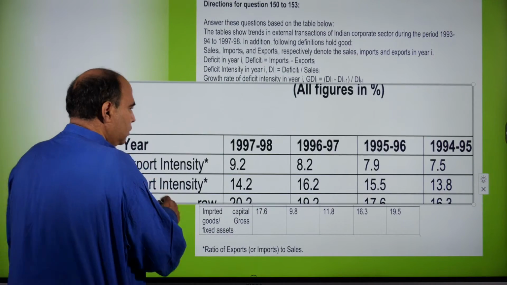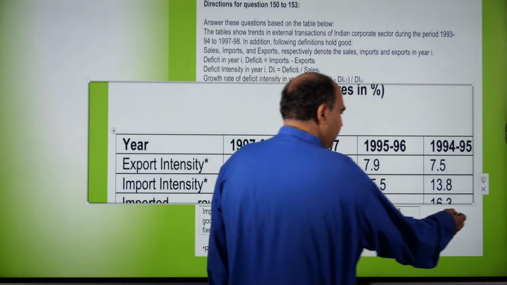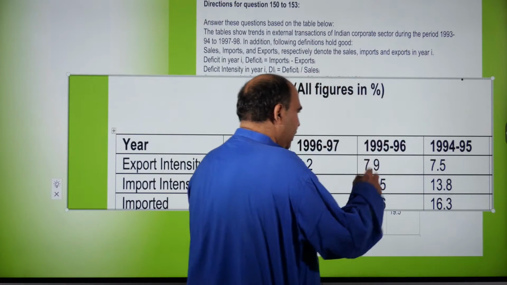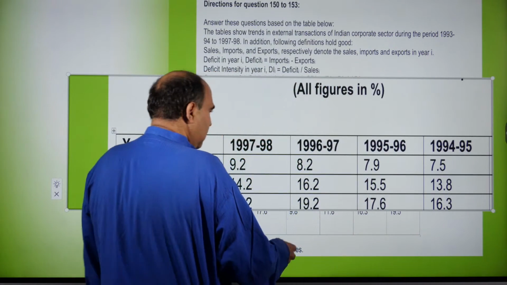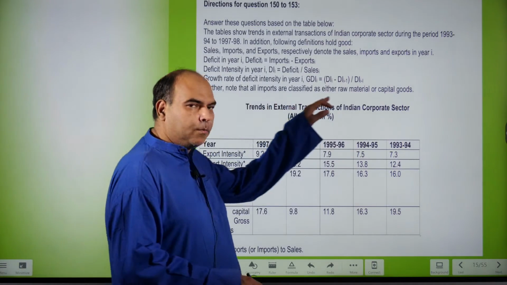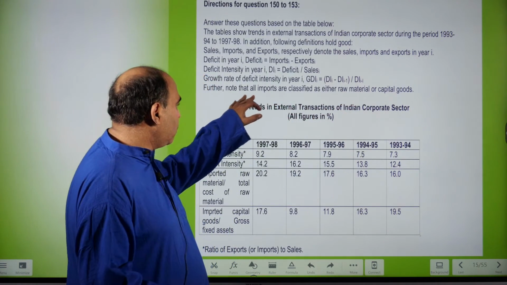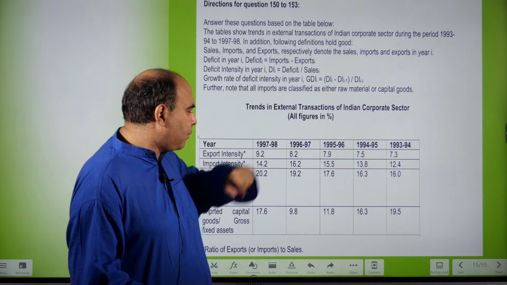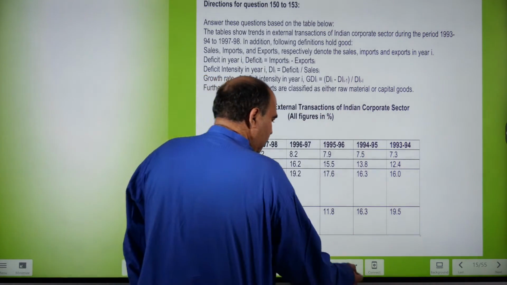So the first information given to me. Acha, one more thing which I should note from my previous bit. This last line is also important. Remember, further note that all imports are classified either as raw material or capital goods imports.